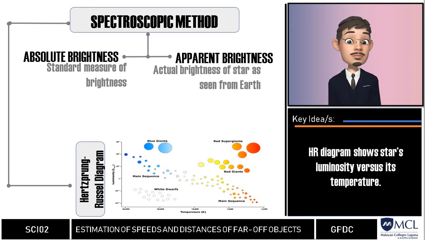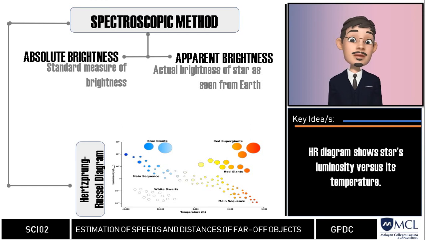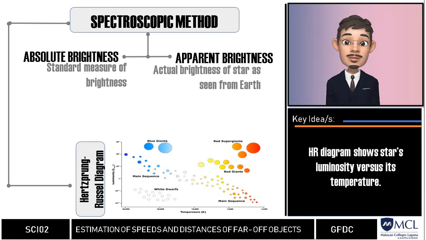Knowing the absolute brightness of a cluster of stars and comparing this brightness to the absolute brightness of the stars with known distance enables astronomers to roughly estimate the distance of that cluster from Earth. This observed cluster is shifted vertically in the HR diagram until it overlaps with the model star, or that star with known distance.